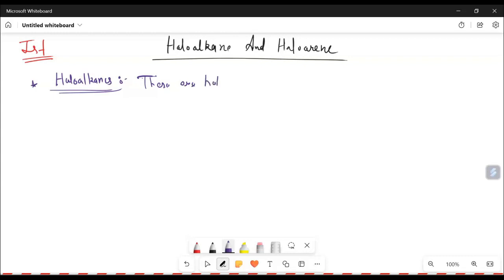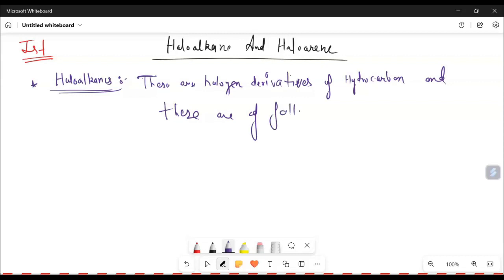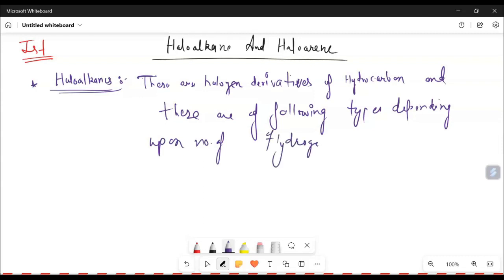These are halogen derivatives of hydrocarbon, and these are of the following types, depending upon the number of hydrogen atoms present in them.